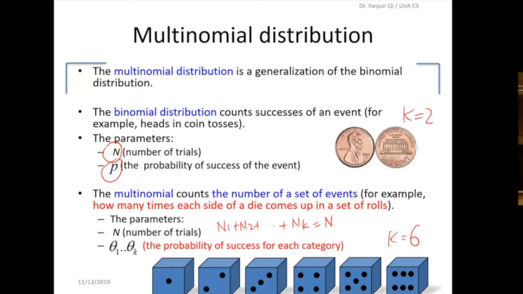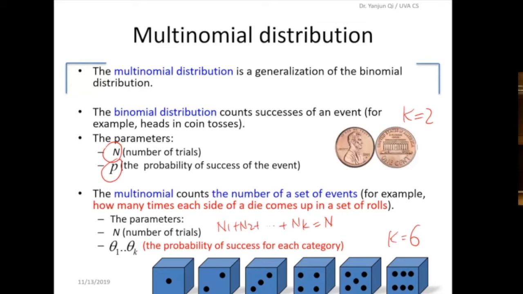The multinomial represents this joint vector probability. Of course, it needs to satisfy that if the first event appears n1 times, the second appears n2 times, then n1 plus n2 up to nk equals n, because that's the whole number of times you perform the throw of the die or the flip of the coin.